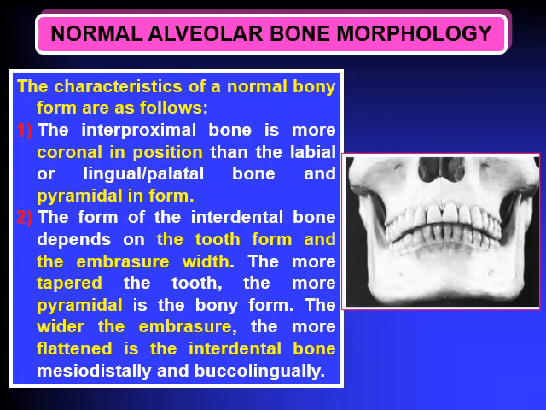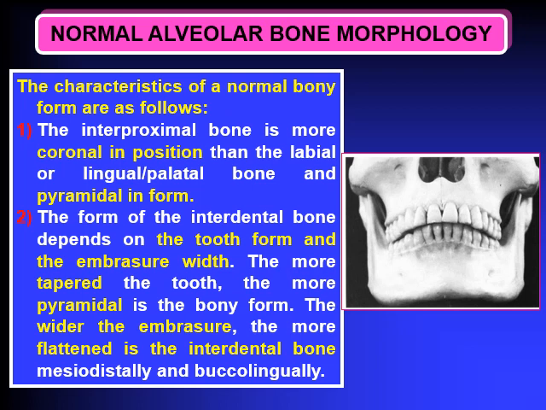Now you have to know the characteristics of the normal bony form of the alveolar bone, the normal form of the alveolar bone. Number one, the interproximal bone is more coronal in position than the labial or the lingual or palatal bone and pyramidal in form. You know that.